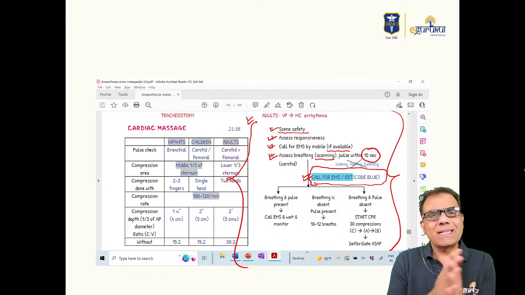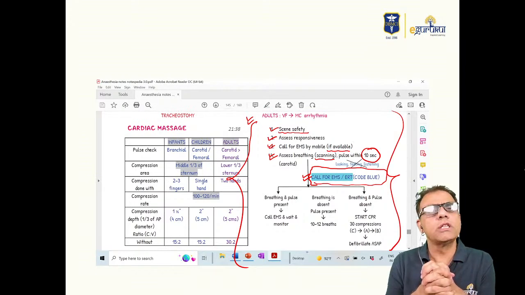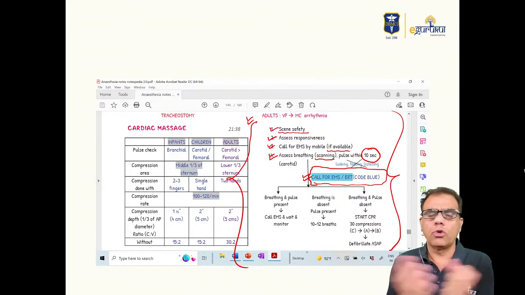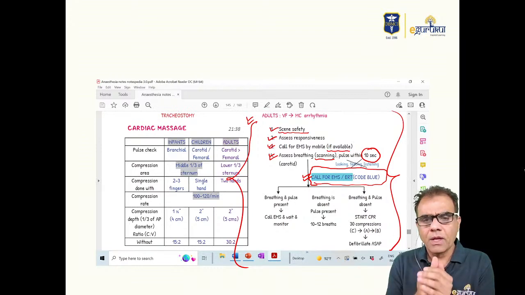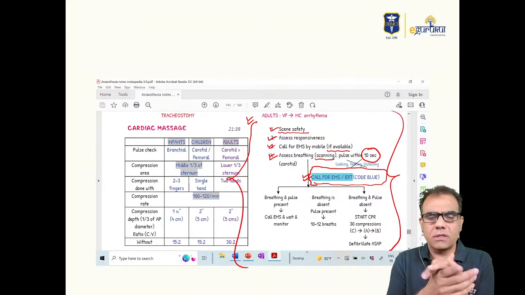But for us, you can call your 101 ambulance services. That's the maximum you can do. That is also often not working. Or you can call the police, but again they are not equipped.